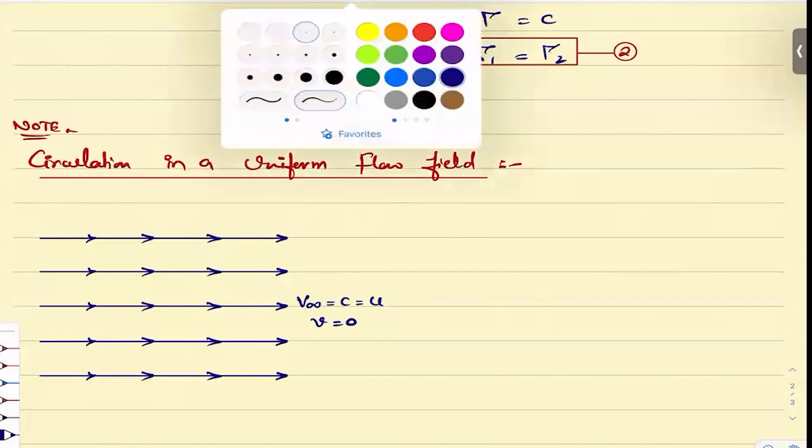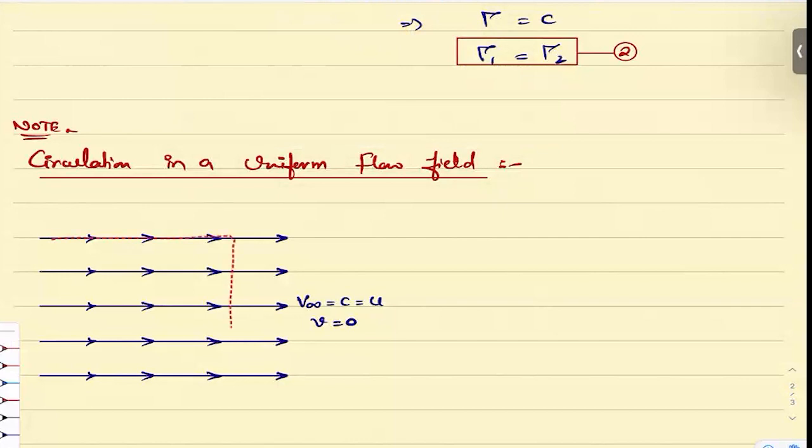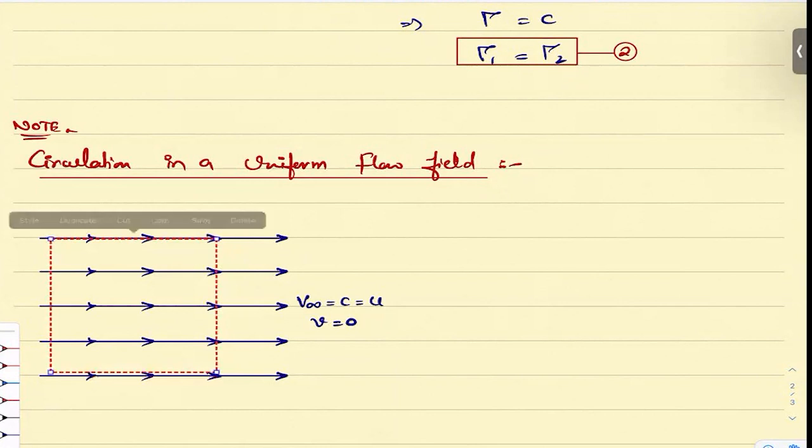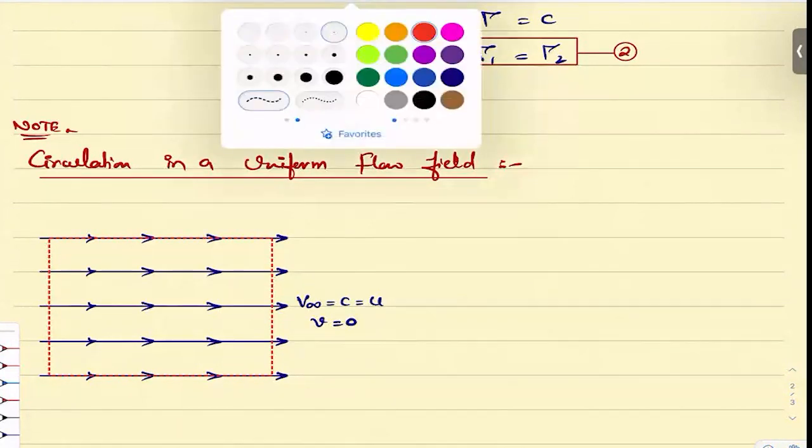Now, you do one thing. Consider a closed curve like this. Let the name of this curve be... draw the dashed curve.